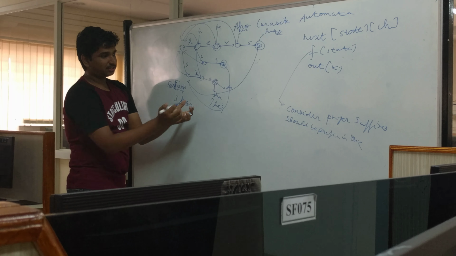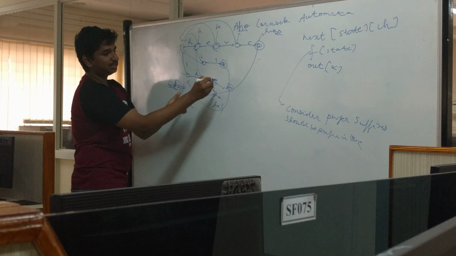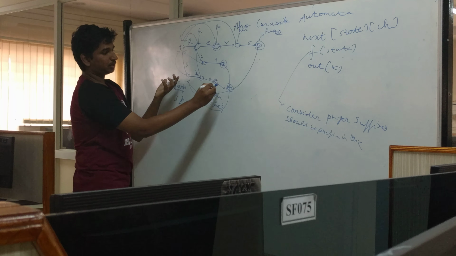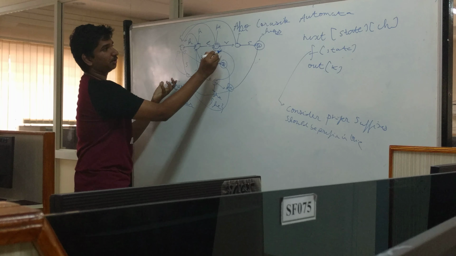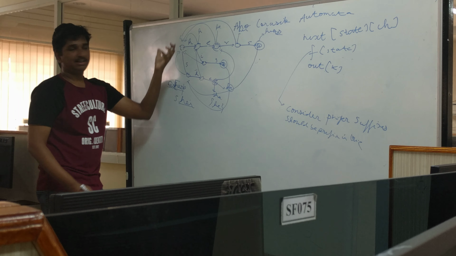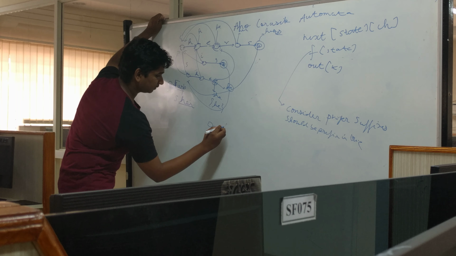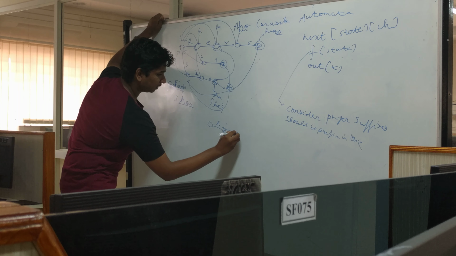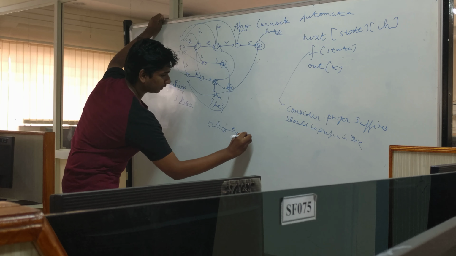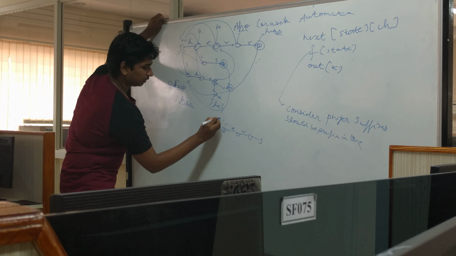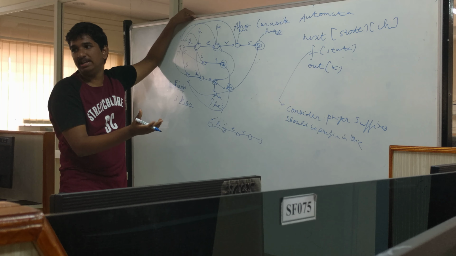SHE has a proper suffix which is HE, and HE is a prefix. So I should have a link from this node to this node. I'll create it properly. Let me use dashes for these links. These are the failure links.